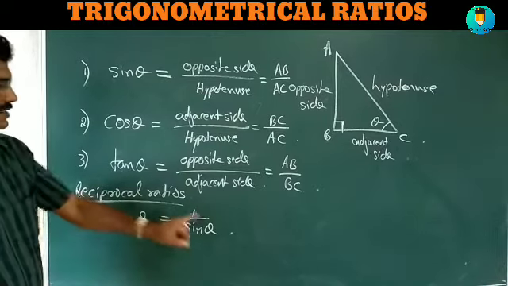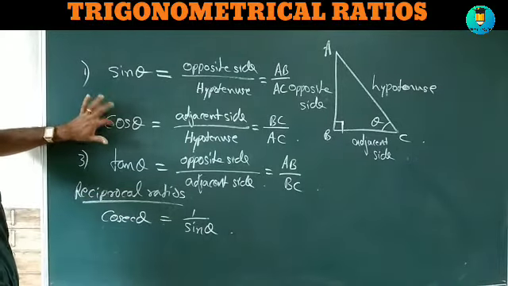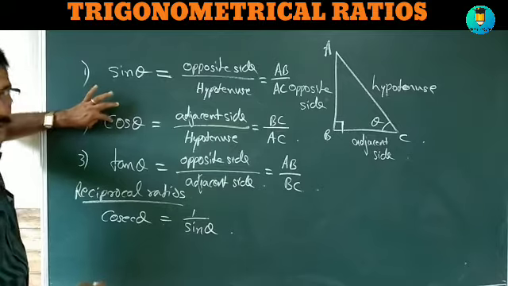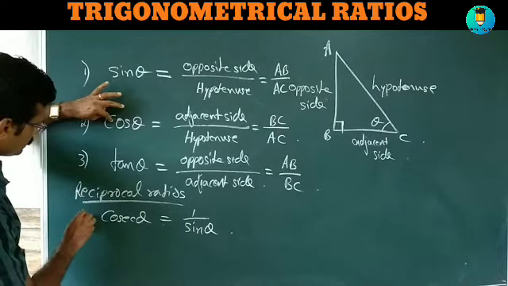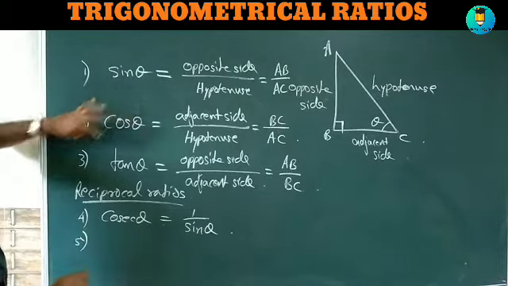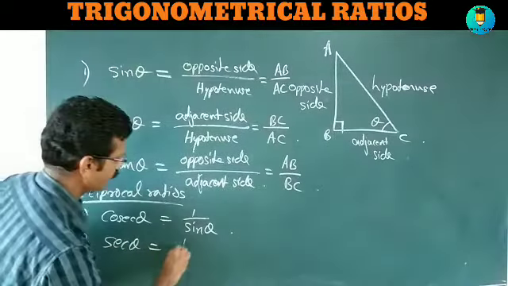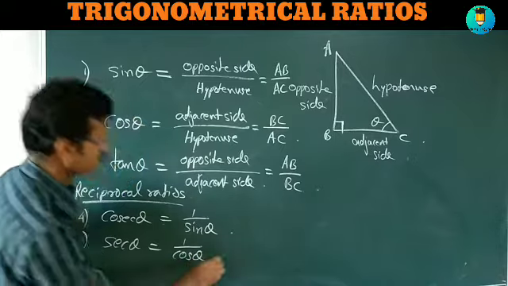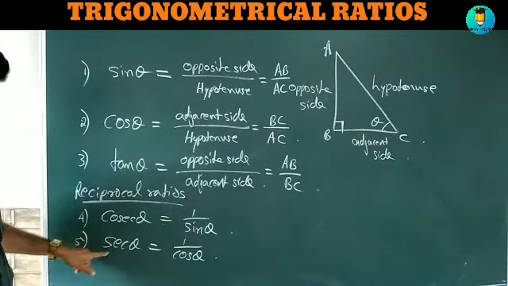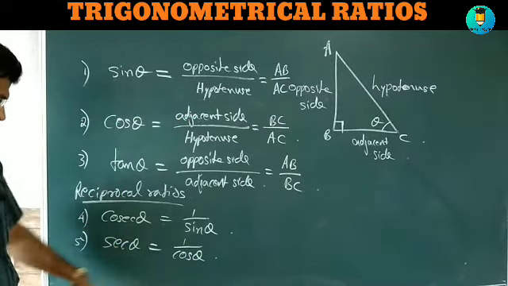So cosec theta is the reciprocal of sine, and now the reciprocal of cos is sec theta. Sec theta is equal to 1 by cos theta, that is, its reciprocal.